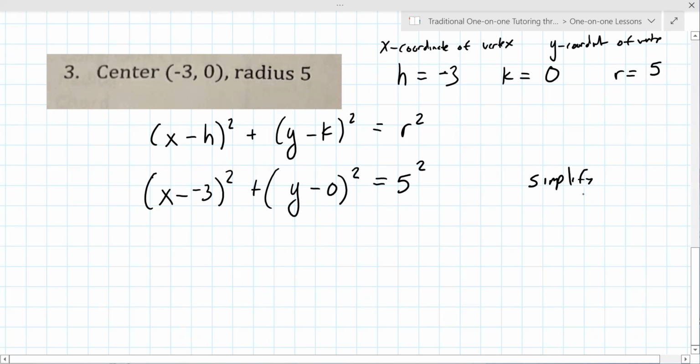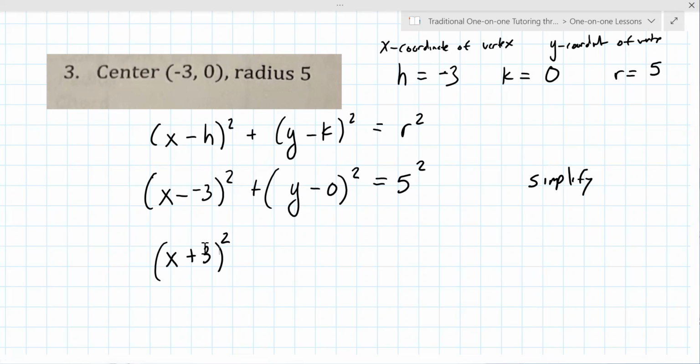Now we need to simplify this line. So there is one more step of work here. When you have two negatives, minus a minus, it becomes positive: x plus 3 squared. The two negatives become a plus. You've seen that before. That's just review.